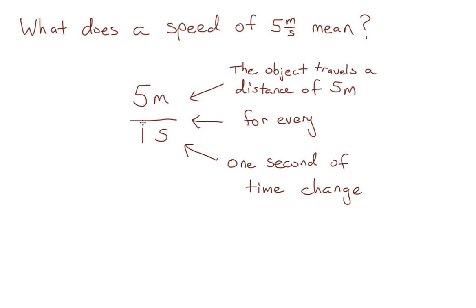Sometimes we say that this line, the division line, means per, like you'd say 5 meters per 1 second. But per really means for every. And then the bottom is telling you an amount of time change, 1 second of time change. So 5 meters per second is read as, at least the meaning is 5 meters of distance for every 1 second of time change. And that's all for lesson 1-3.